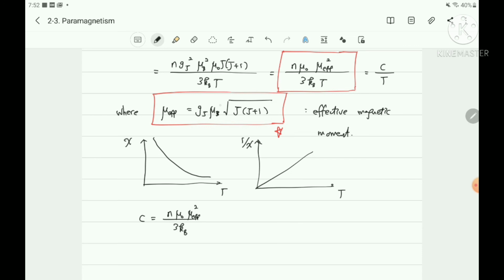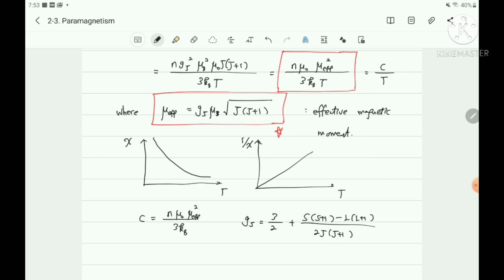Mu effective contains gJ mu B, which can be considered. Here gJ is the Lande g factor, 3/2 plus (S(S plus 1) minus L(L plus 1)) over 2J(J plus 1). It is a Lande g factor.